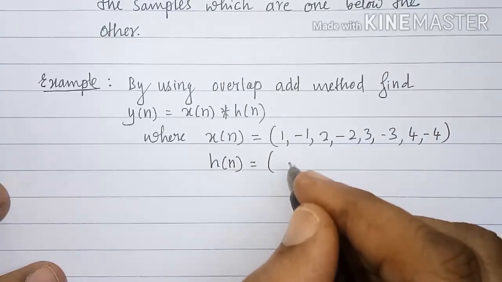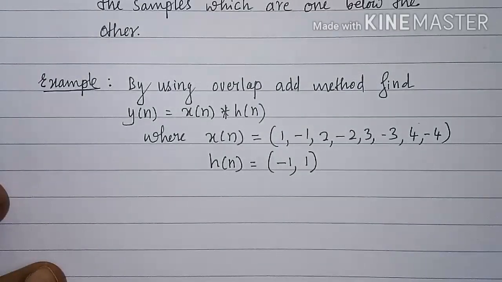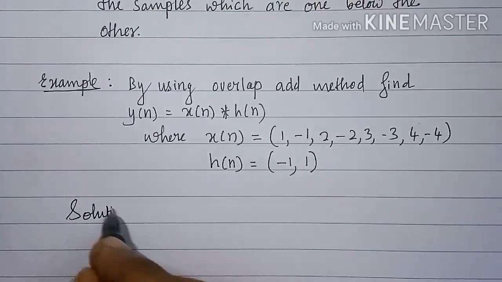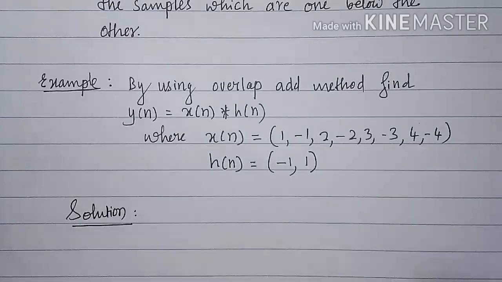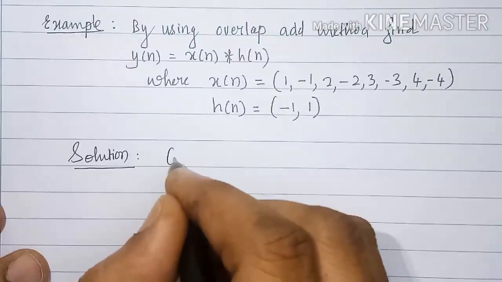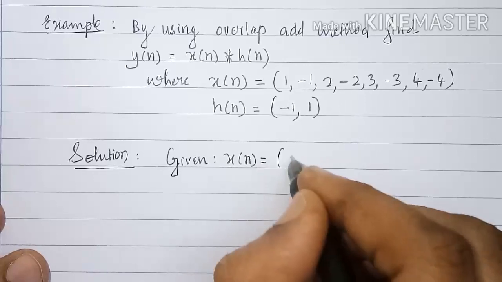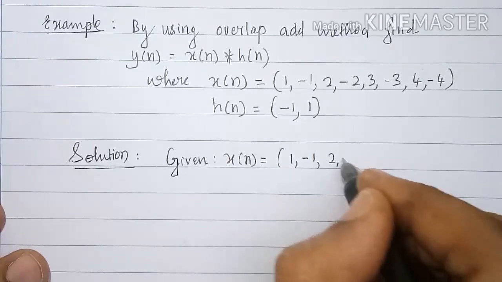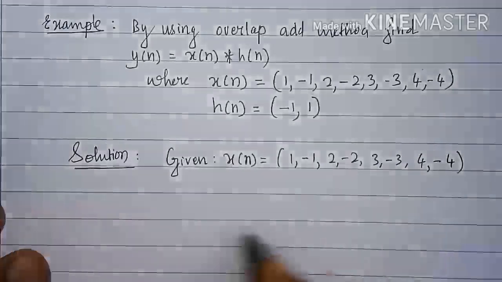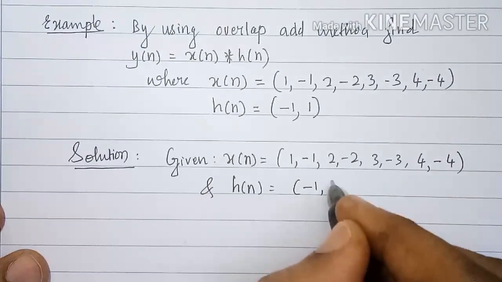H of n is equal to minus 1 comma 1. Solution. Given x of n equal to 1 comma minus 1, 2 comma minus 2, 3 comma minus 3, 4 comma minus 4, and h of n is equal to minus 1 comma 1.